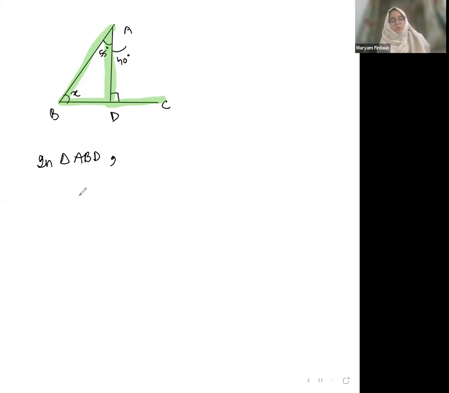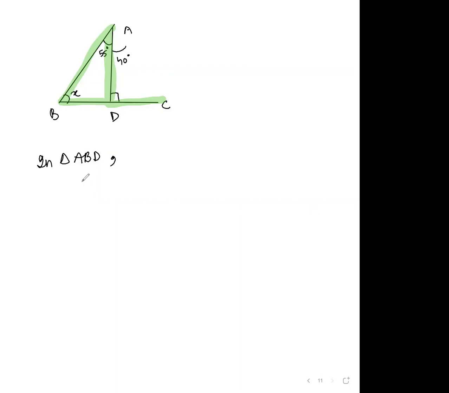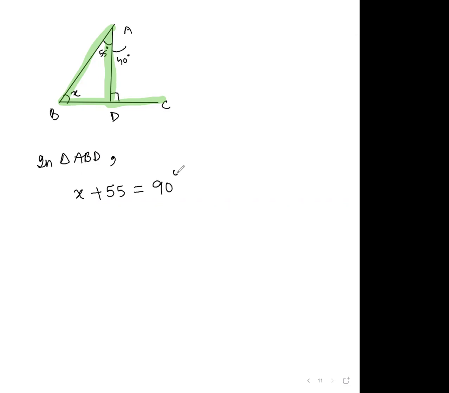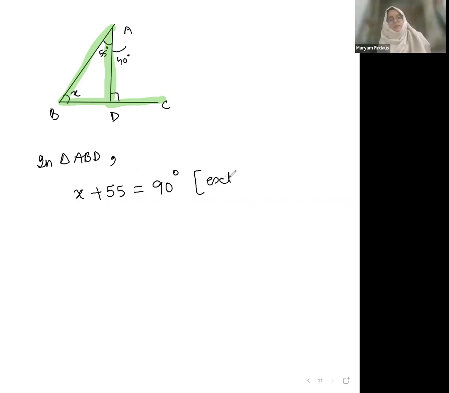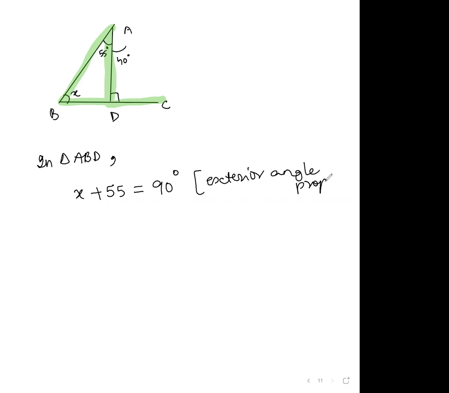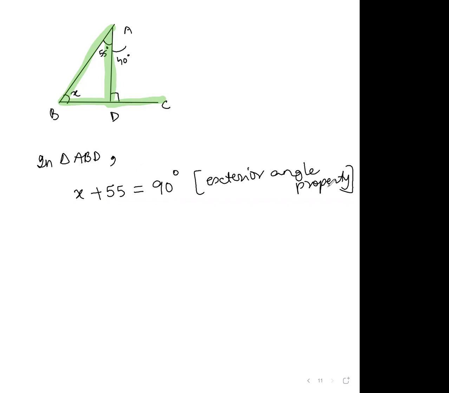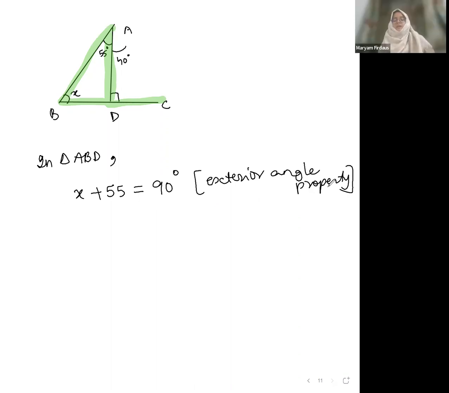Yes or no? Yes. So x plus 55 is equal to 90, due to the exterior angle property. Hiba, once again, what does the exterior angle property say? That the sum of the two interior angles is equal to the exterior angle. Very good. So what is x now?